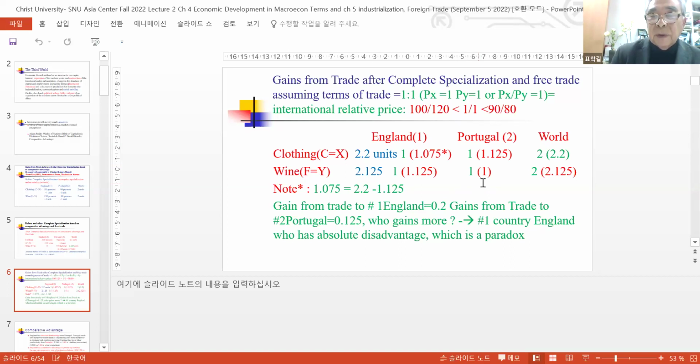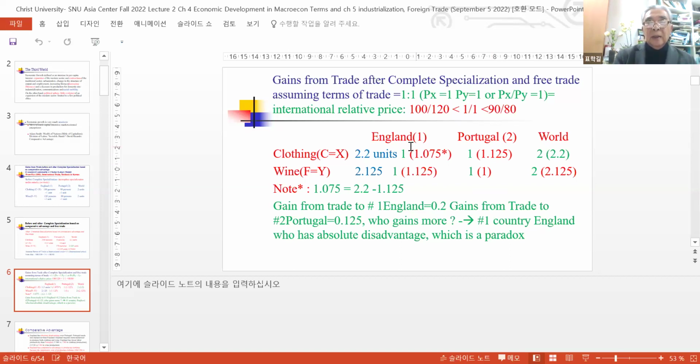And Portugal keeps 1 unit of wine in its country, and the rest, 1.125, it gives to England at a 1-to-1 ratio, in exchange for clothing.